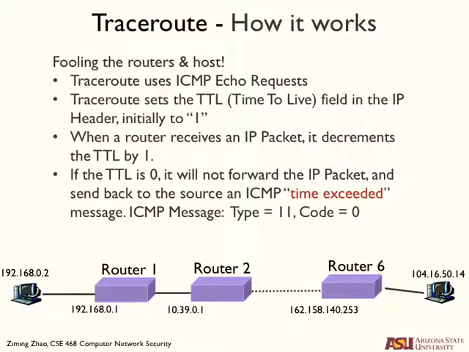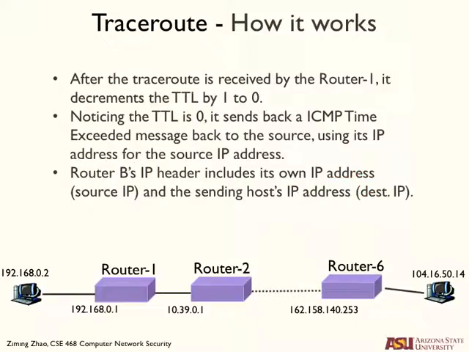So when my home router receives this message, it will first decrease it, then the value is 0, and it will not forward this IP packet, but it will send back an ICMP message which says time exceeded. So I send an ICMP message to here and get another ICMP message back. No packet is forwarded to the rest of the network.